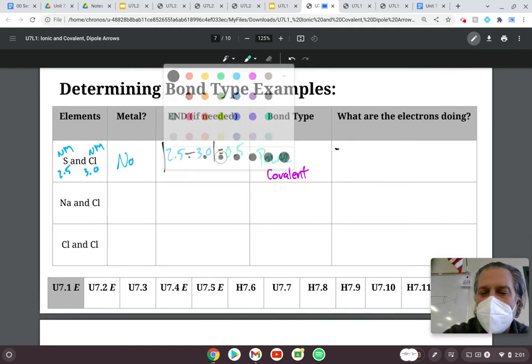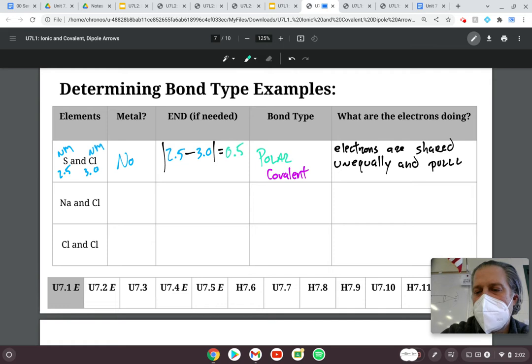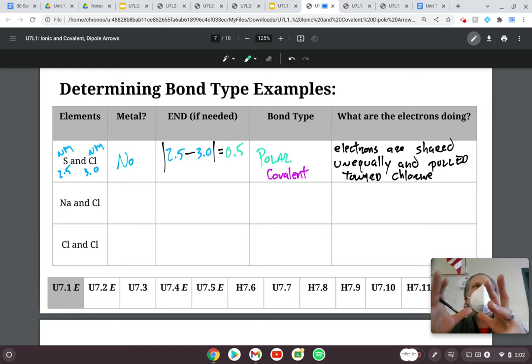The electrons are being shared unequally and pulled toward chlorine. Because chlorine has a larger electronegativity value than sulfur, the electrons are being pulled toward the chlorine.